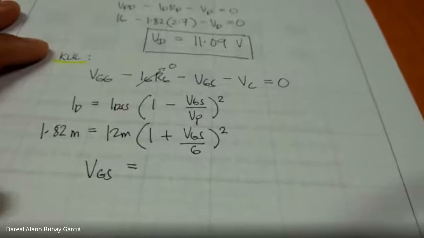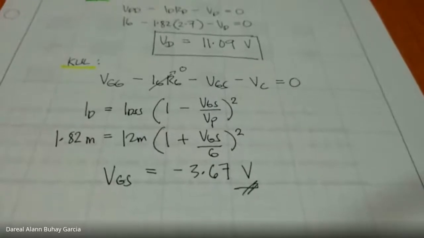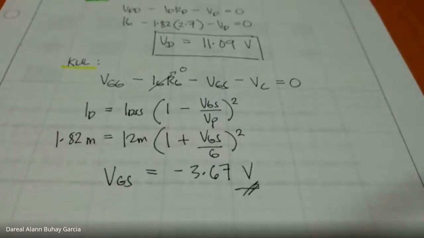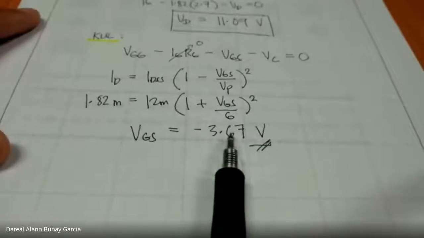Yan na range. Negative 3.67. Sakto. Same yapon nga value ang makuha kung kaning formula nga gibutan din ni com sa chat. Negative 3.67, which is VGS.